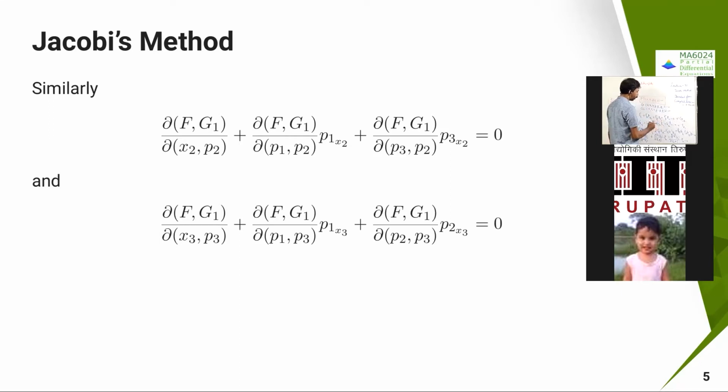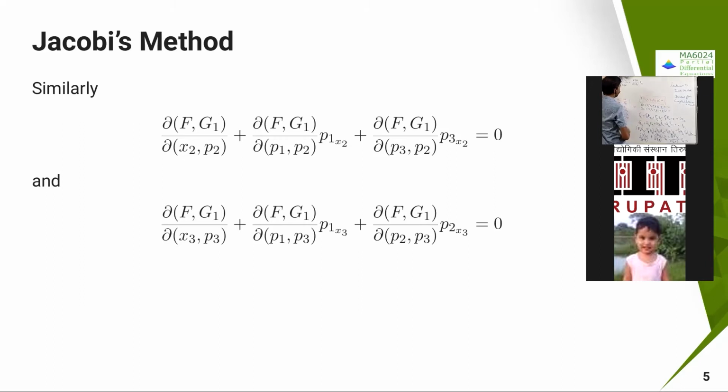If you eliminate that, you are going to get a similar kind of equation. So ∂(f, g1) divided by ∂(x2, p2) is going to come, because I'm just eliminating p2 x2. Similarly ∂(f, g1) divided by ∂(p1, p2) into p1 x2 is going to come, because I'm differentiating with respect to x2.